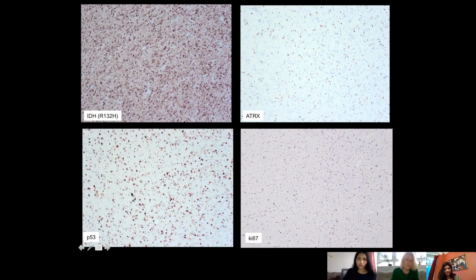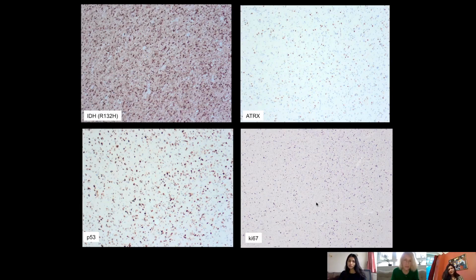We'll see again overexpression of p53 indicating mutation, and we see a moderately increased, I would say around 10% here, of the proliferation index Ki-67.